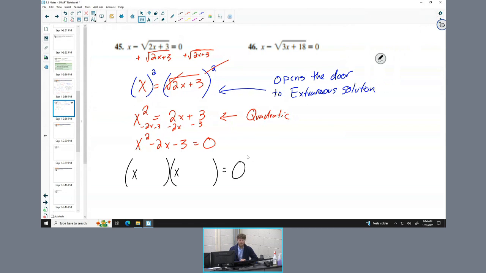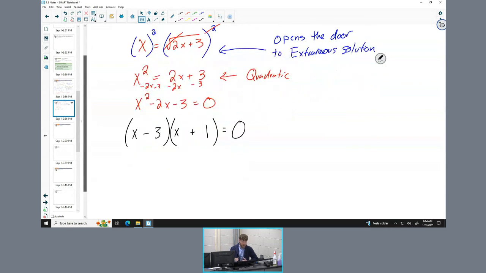Then I'm looking for 2 numbers that I can multiply together to get negative 3, but when I add those numbers together, I get negative 2. What are those numbers? Negative 3, positive 1, right? So now I got my factors. I know they check out because negative 3 times 1 is negative 3, and negative 3 plus 1 is negative 2. So that checks off. Now I set each factor equal to 0.